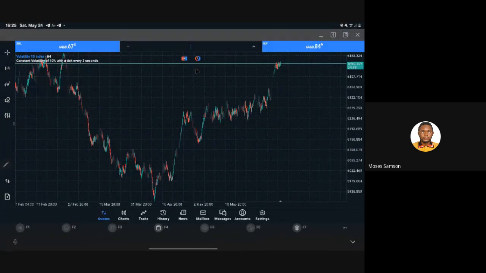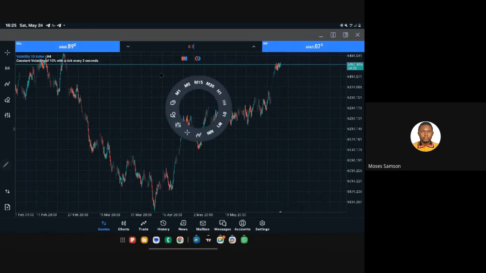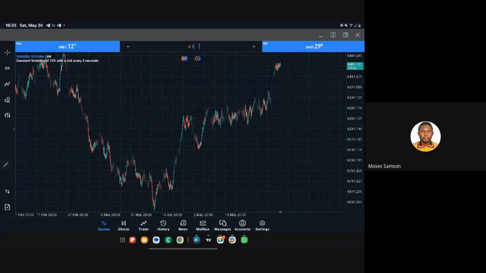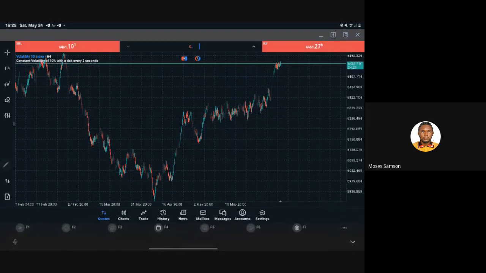This is where you place your lot size. The standard lot is 1, so the standard lot is 100,000 units. That's $100,000. One lot size equals $100,000. 0.1 lot size equals $10,000. And 0.01 equals $1,000.